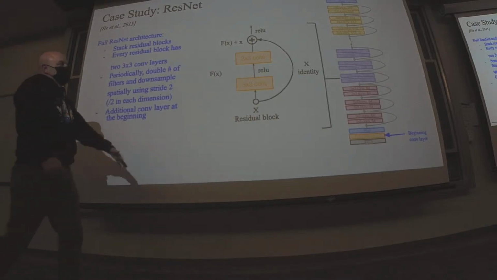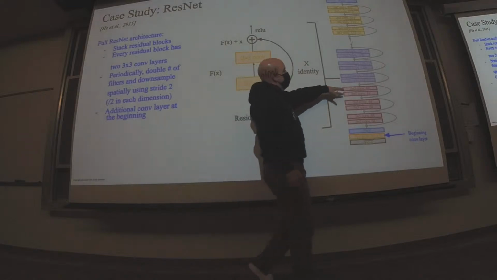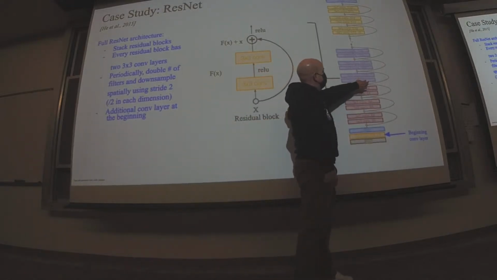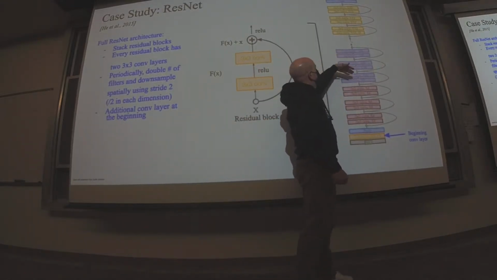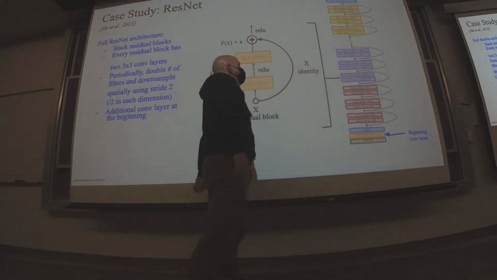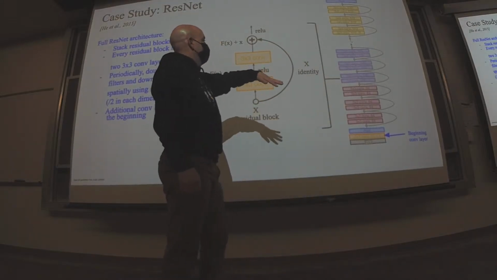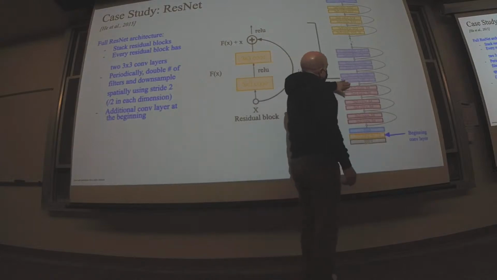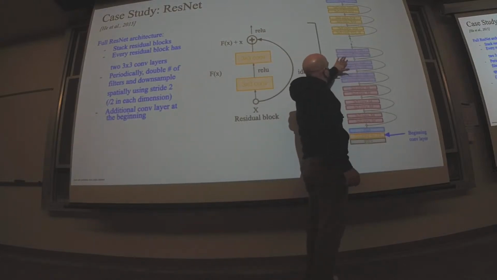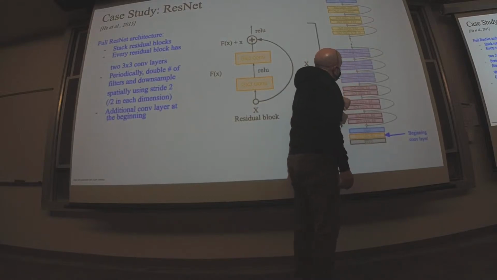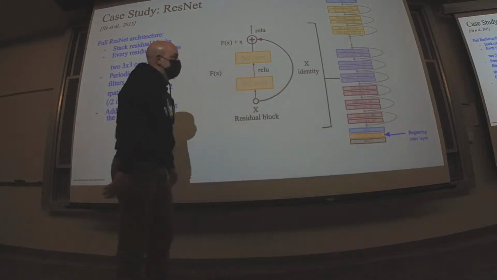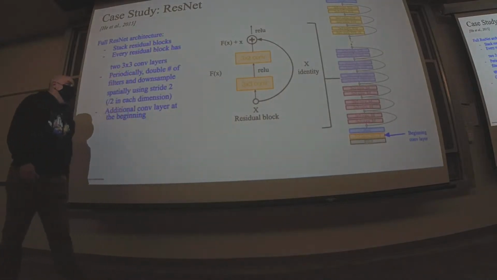But so what's happening is you're trading off the spatial extent of the feature maps for additional filters. That's a way of balancing the amount of computation going into each one of these stages. And then you just keep doing this. Each stage you double the number of filters, while having a convolution with stride 2 when you enter it.